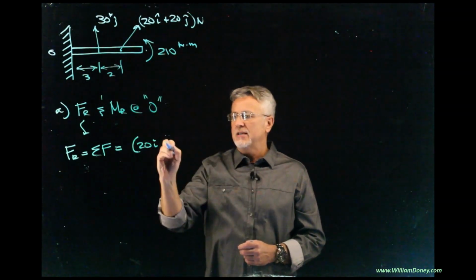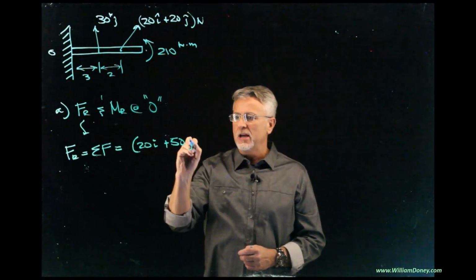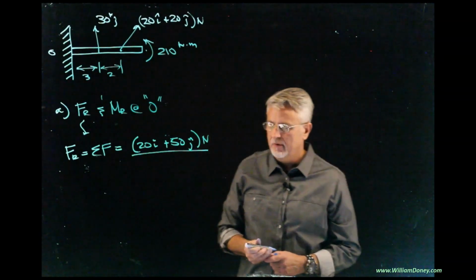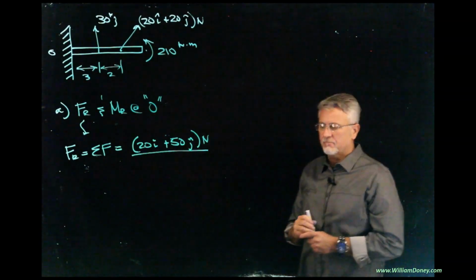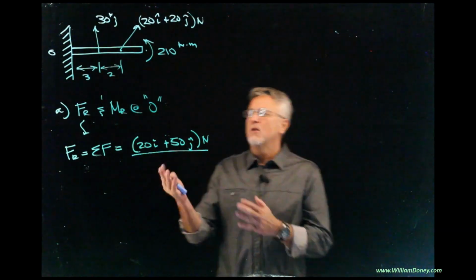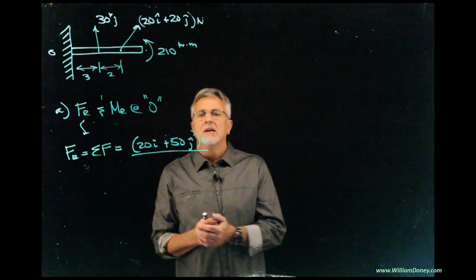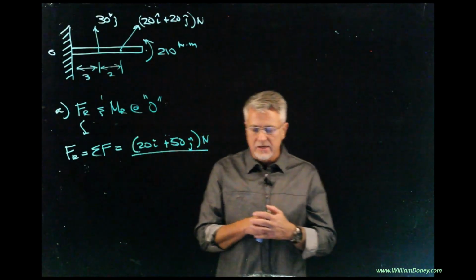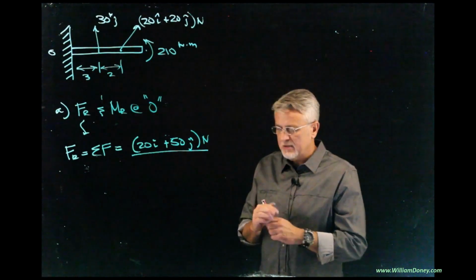We add the j's together, we get a 50j, and that will be all newtons. Now, I could find the resultant magnitude, square root of the squares. I can find the angle, the inverse tangent, but let's just leave it as it is there. It's fine as it is.